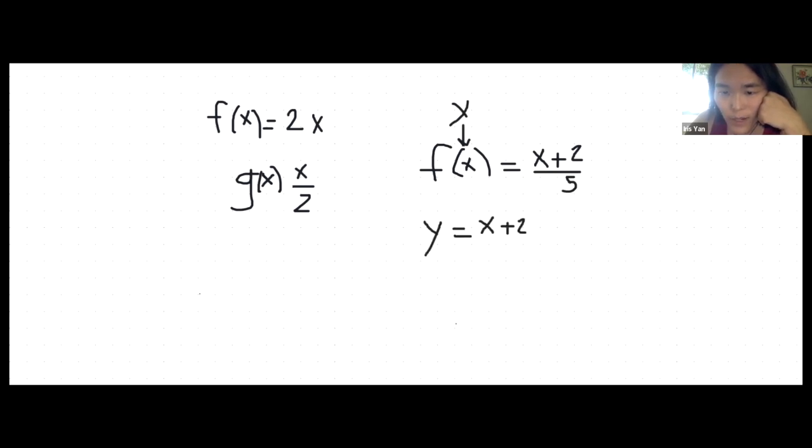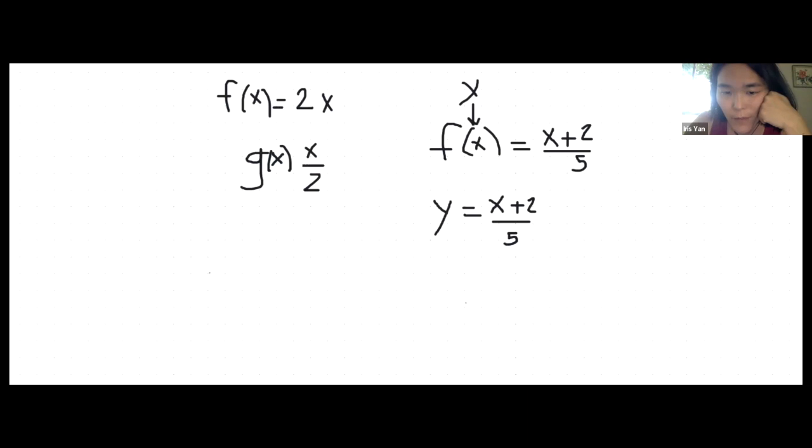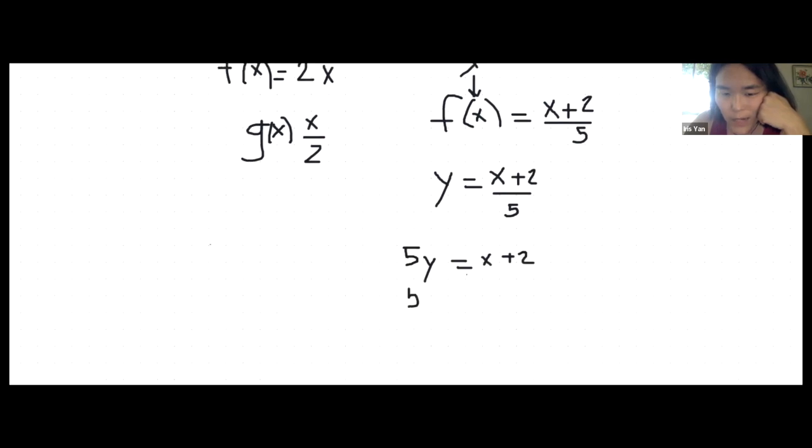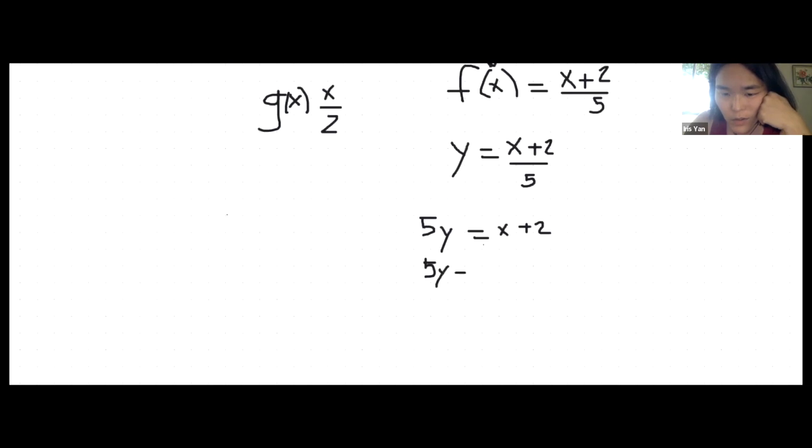So what I mean is I'll try to move everybody that's not x to the other side. So I'll have 5y equals x plus 2. And then I subtract 2. I have 5y minus 2 equals x.